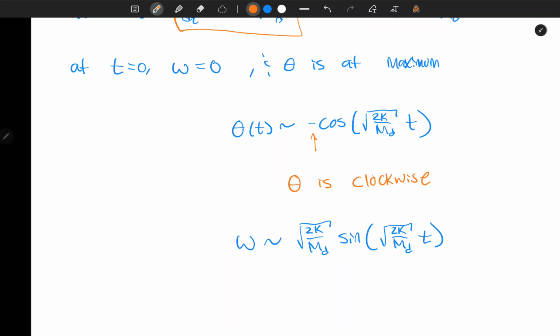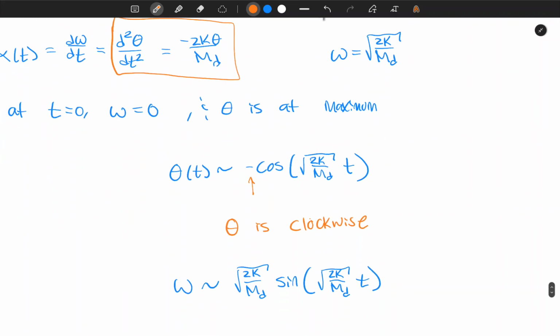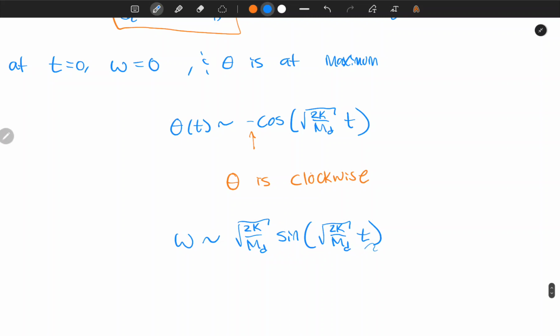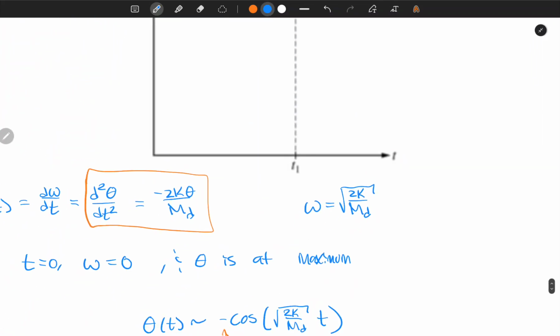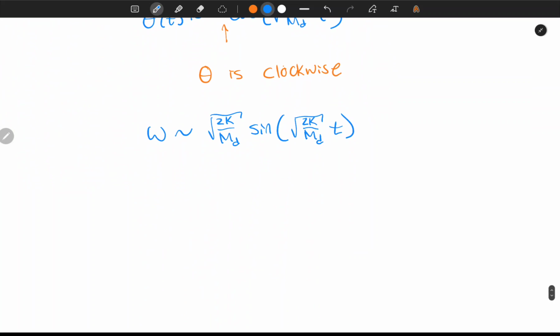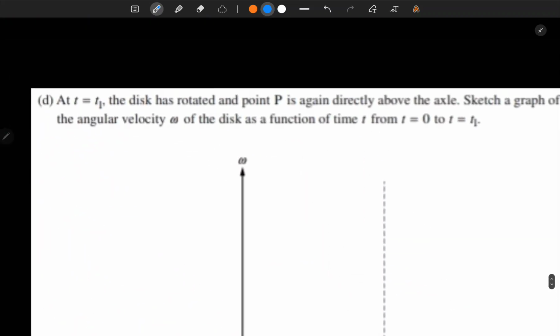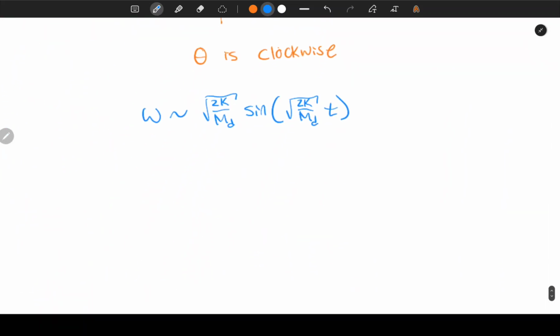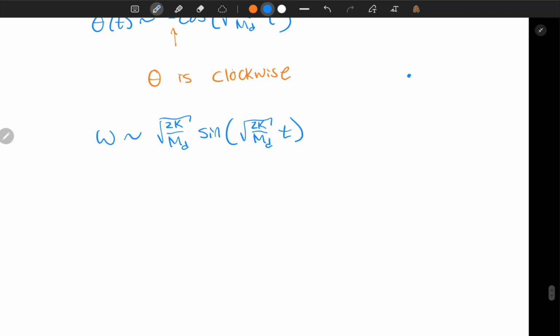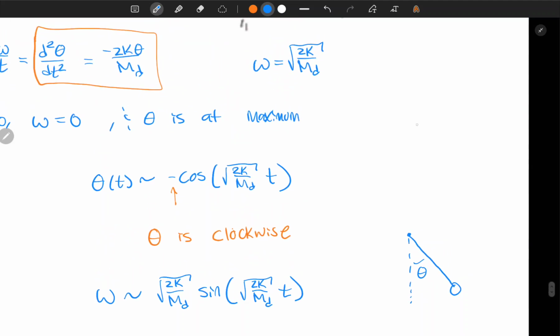So we find that plotting this function, omega should be at its largest value when theta is equal to 0. It's just like a pendulum. For a pendulum, we have the maximum velocity when theta is equal to 0. Here, we just have a wheel spinning, but it's the same philosophy as with a pendulum.